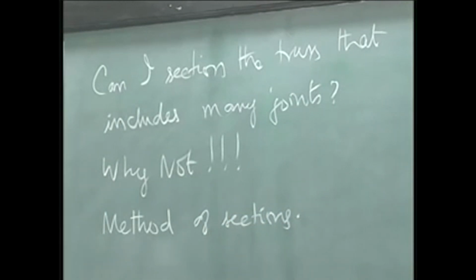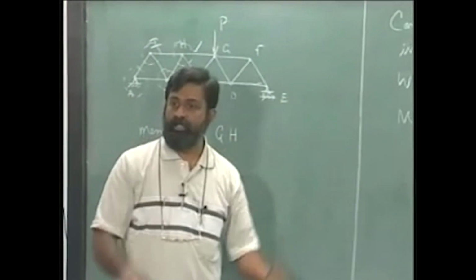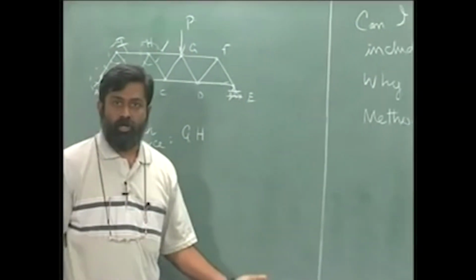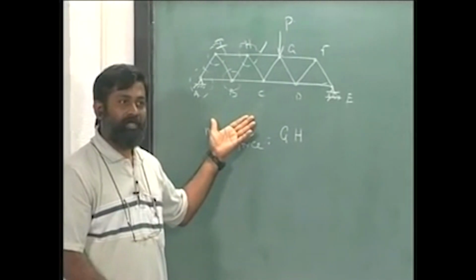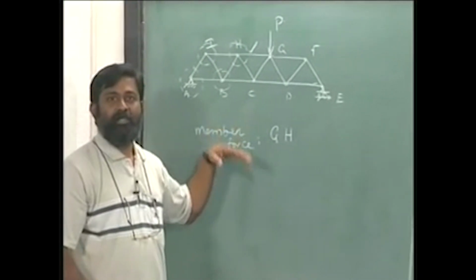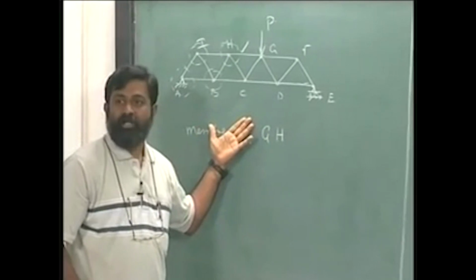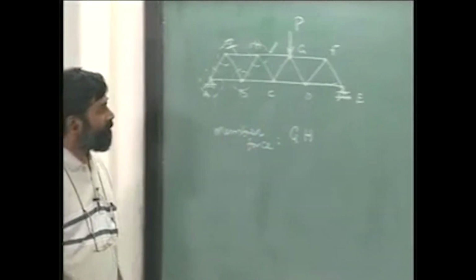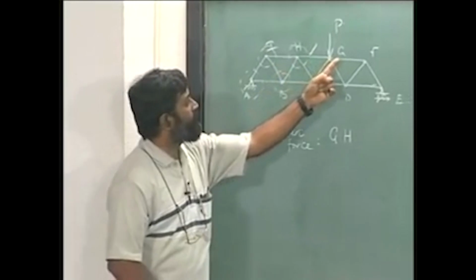To me, it does not make a difference whether I did it like this or many joints at a time. I would call this also a method of section, but a particular method of section. We called it as method of joints in the earlier case. Okay. So, how do I find out GH?